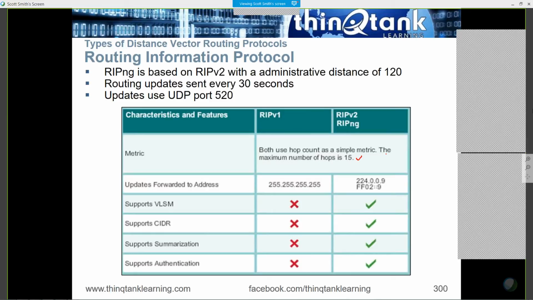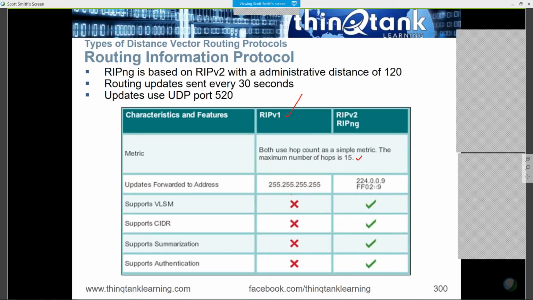EIGRP, conversely, goes up to 100 routers in diameter, so significantly larger. OSPF, there is no limit, no practical limit anyway. I'm sure there is some sort of limit, but no practical limit in today's technology. RIP version 1, that's our old version of RIP.